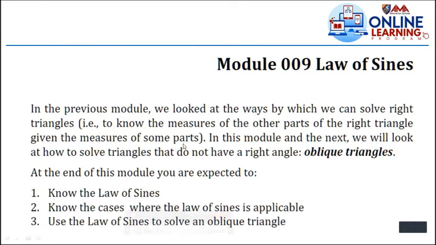To solve a right triangle is to find the unknown parts, and this could be done if there are at least two given parts, at least one of them a side. So in this module, we'll look at how to solve triangles that do not have a right angle. We call those oblique triangles.